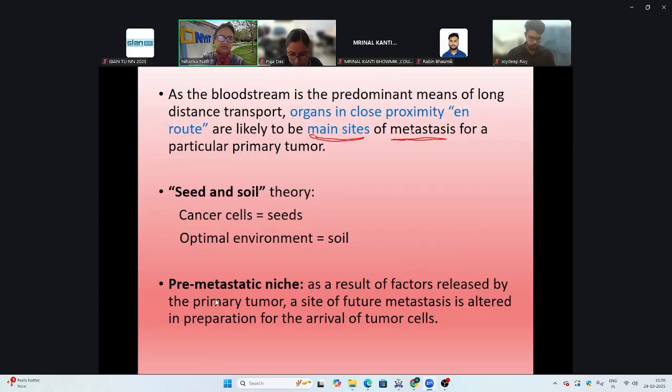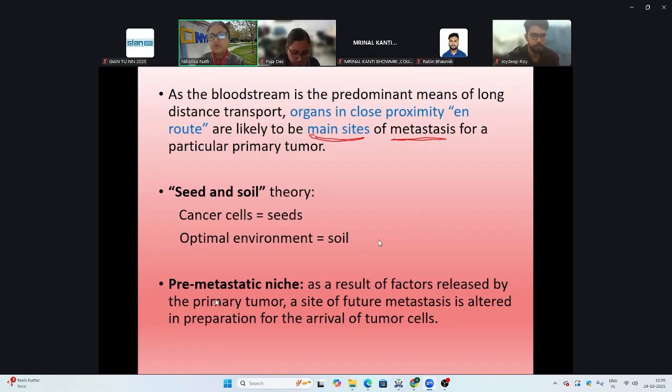So again, if it's in the GI tract, it's easily possible that it will go to the liver for that particular reason. And so there is this theory about why a metastasis takes place. The bottom line, the question I'm asking, is where do these cancer cells want to go to form a secondary tumor?